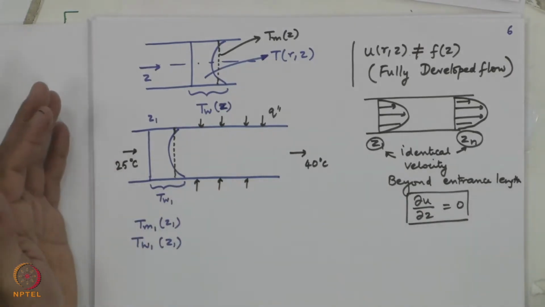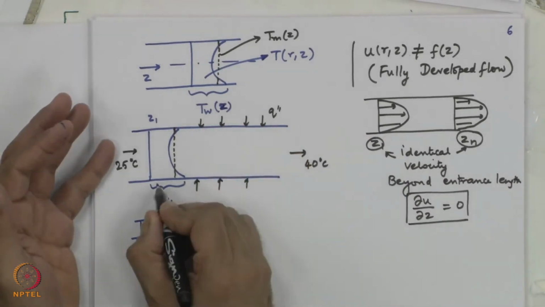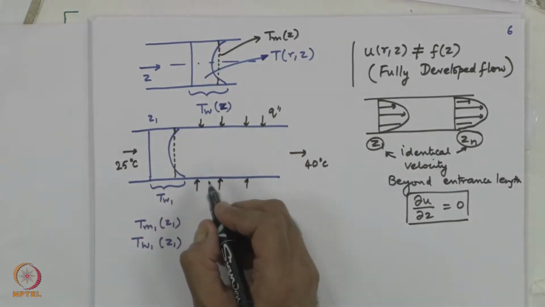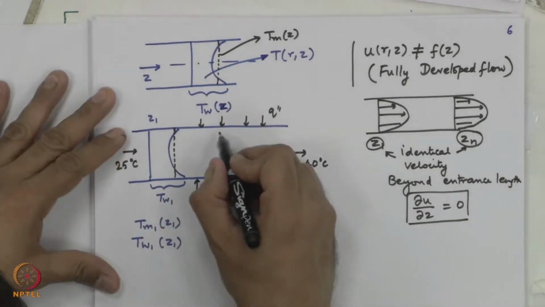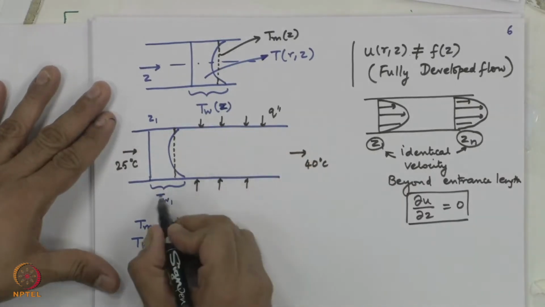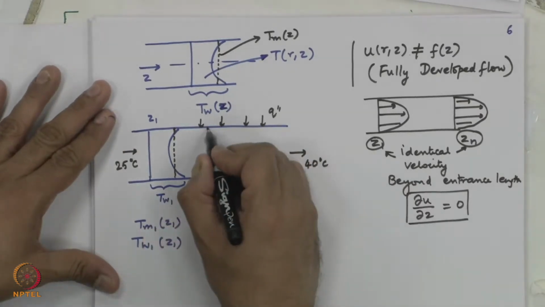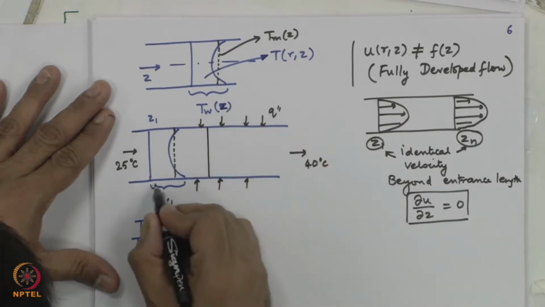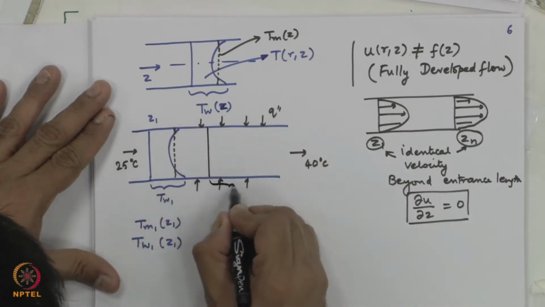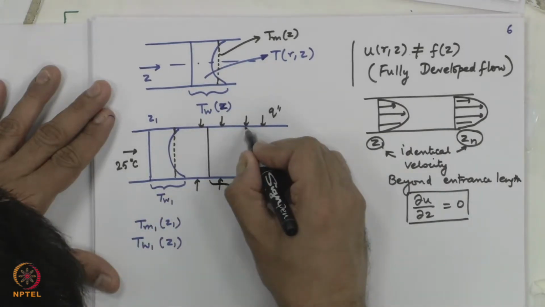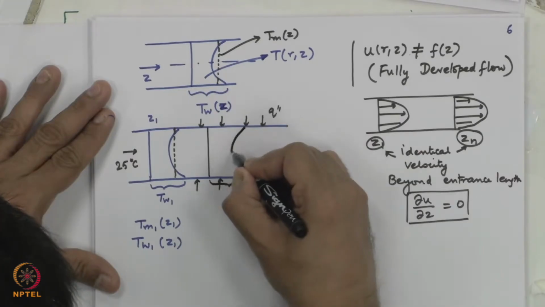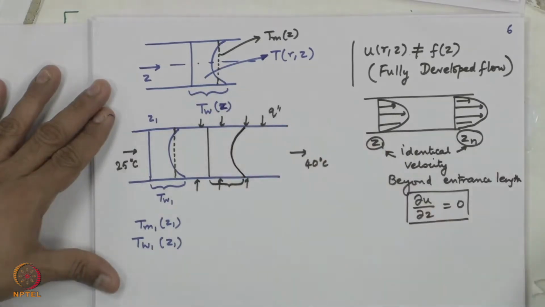If the fluid temperature is changing, obviously the wall temperature also, the location through which the heat is being transported, is also becoming slightly hotter than before. So I am going to have a T wall which is now slightly bigger than here. Because of my limitation, I am going to draw this slightly different.